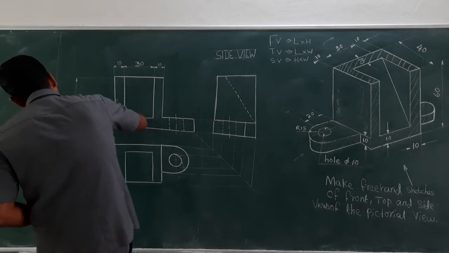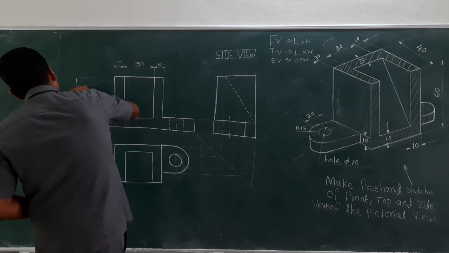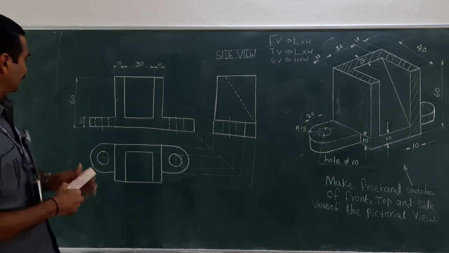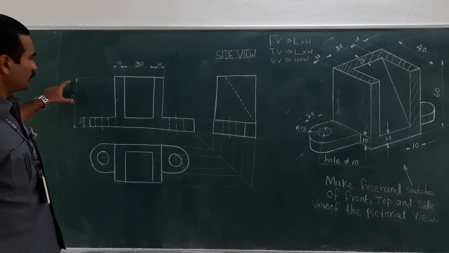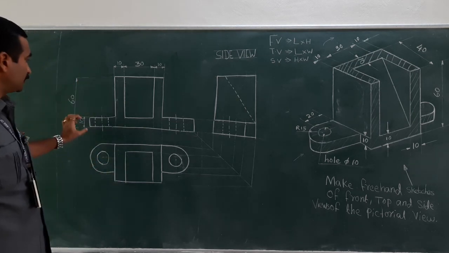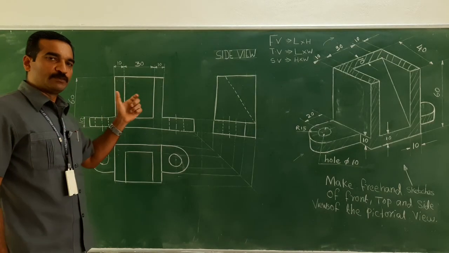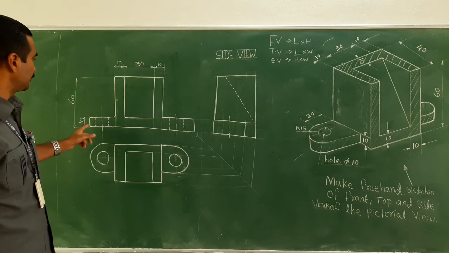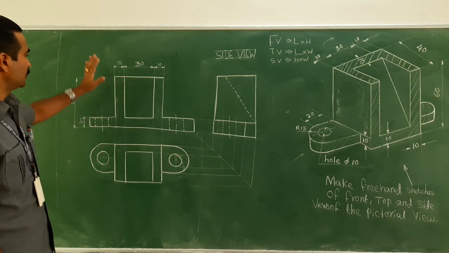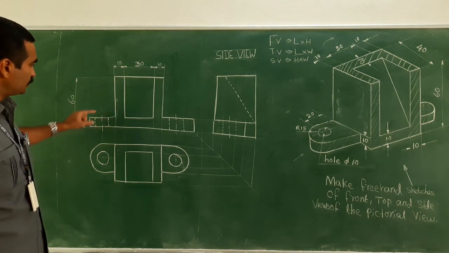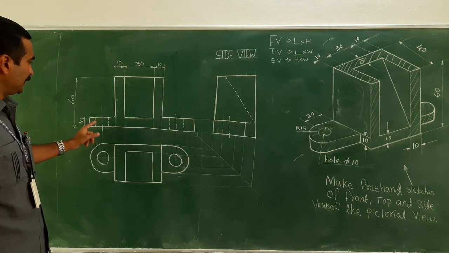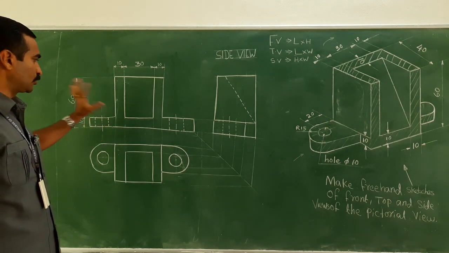So this could be 10 and this could be 60. Give as much information as you can. That means while giving the dimensioning, only the visible portion alone should be captured. So these are visible, I have given. When the object is hidden or invisible, you should not mark it in the particular view.